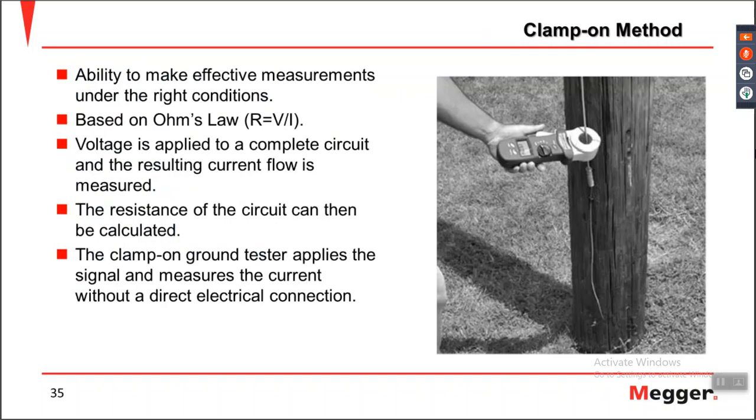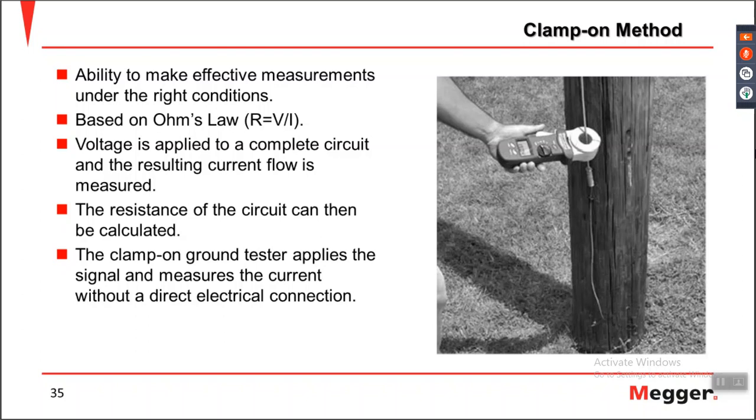The last method is the clamp-on. I think this is the last method that I will explain in today's webinar. The clamp method actually uses Ohm's law. If you open the jaw of the clamp, there are actually 2 coils inside the clamp.